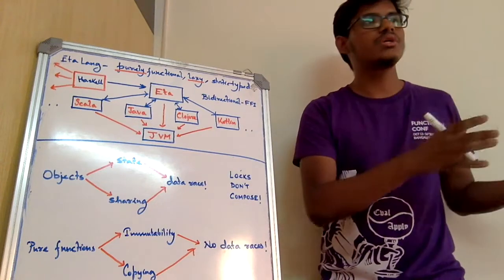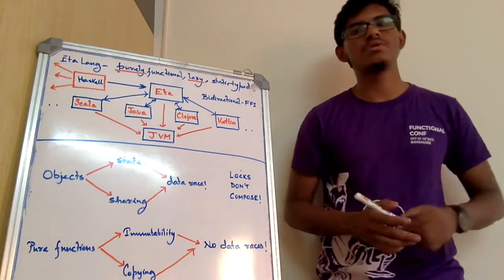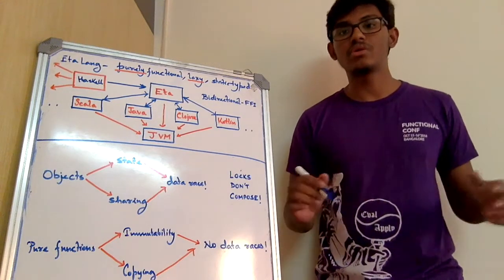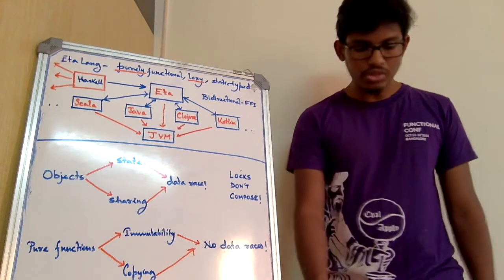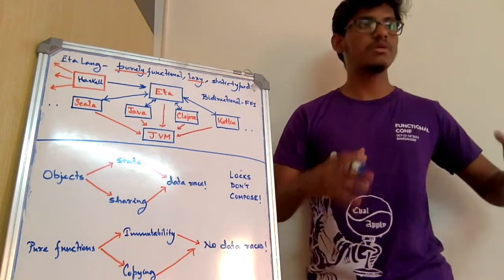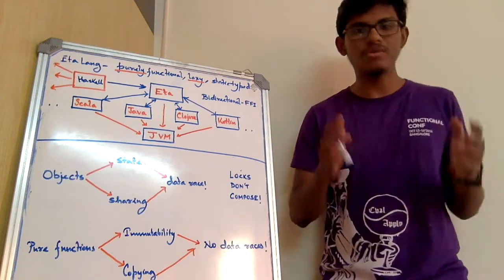A lot of concurrent software has been written in object-oriented programming, but the basis of that is locks, and locks do not compose. Functional programmers say that composition is the basis of functional programming, but I feel that composition is the basis of software engineering.